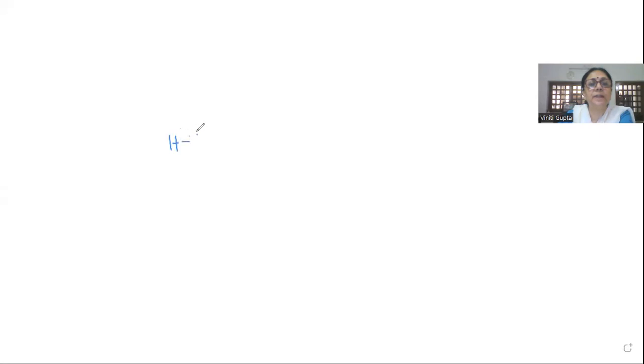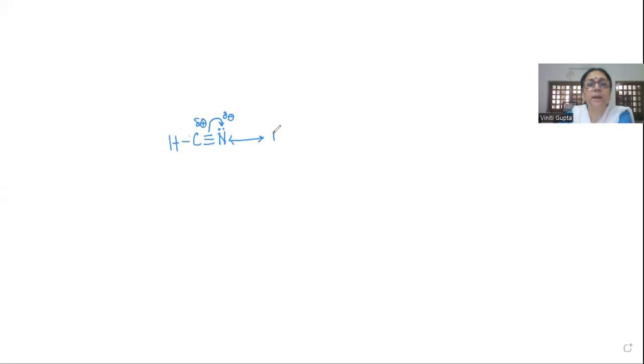H, single bond C, triple bond N. This exists as, now you have a lone pair of electrons here, and these electrons come here, making this delta negative and this carbon delta positive.